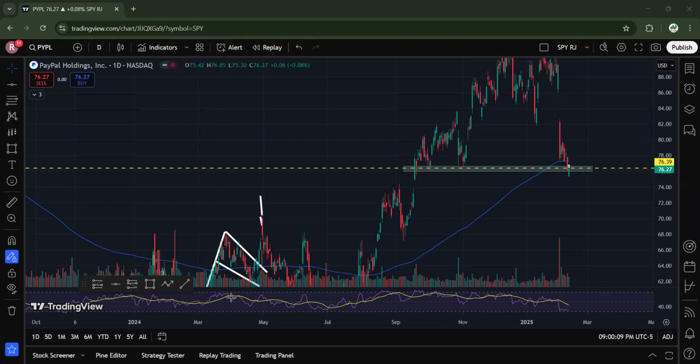If not, that is the price action training. This is exactly how I read price.